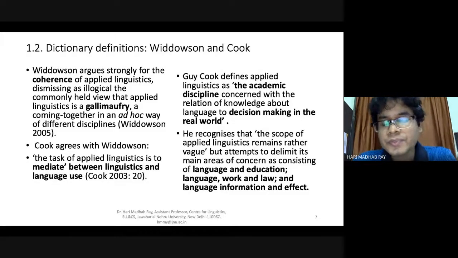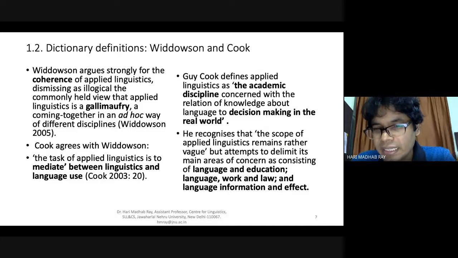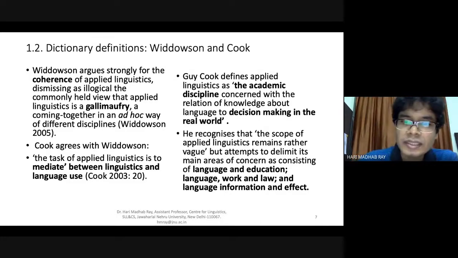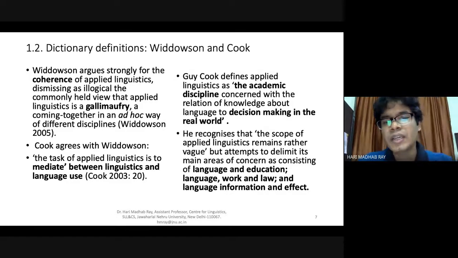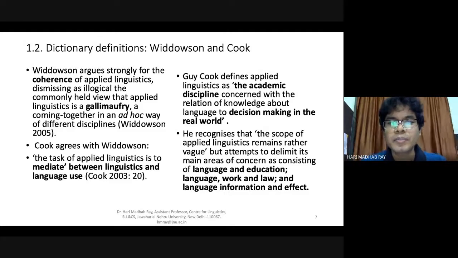If you have read chapter 1, you are aware that these are the three main headings, and within these there are some sub-disciplines mentioned. I think in the next class maybe we'll talk about which sub-disciplines are mentioned there by Guy Cook.